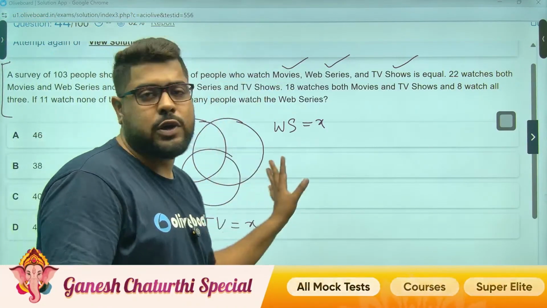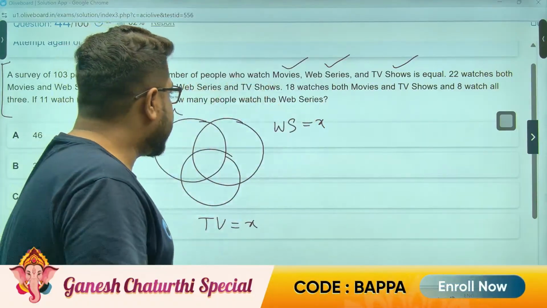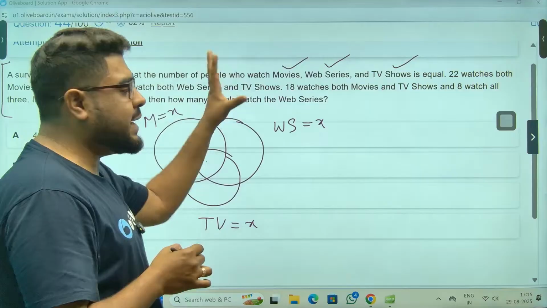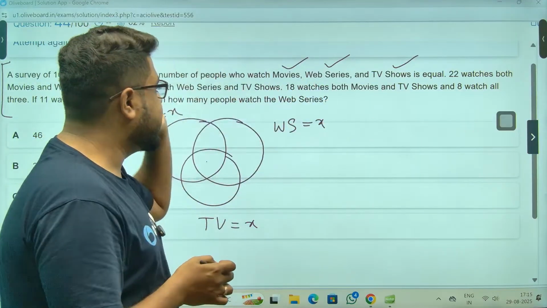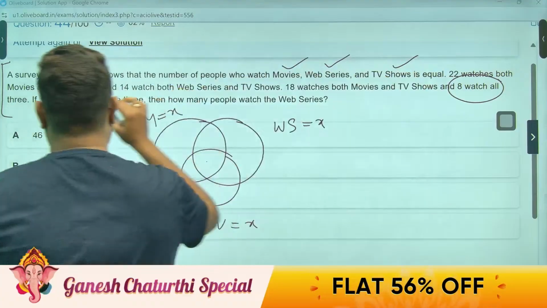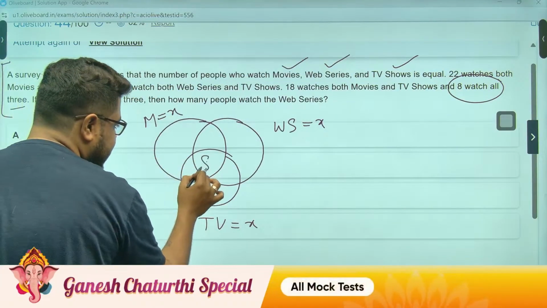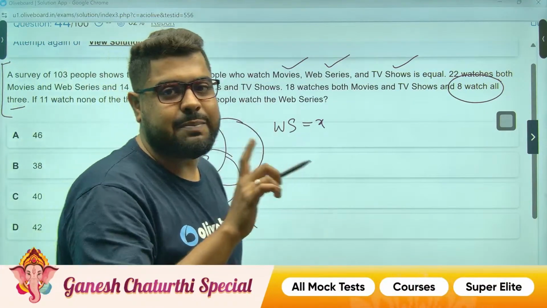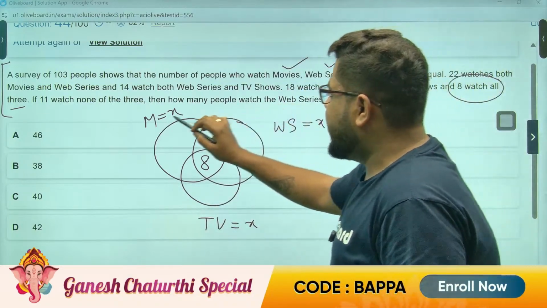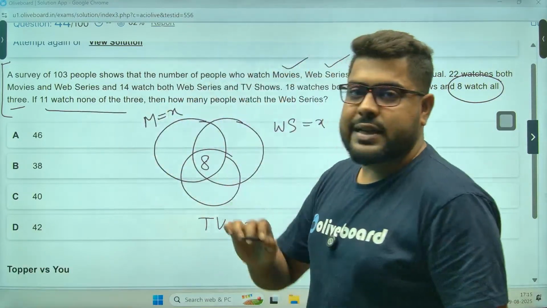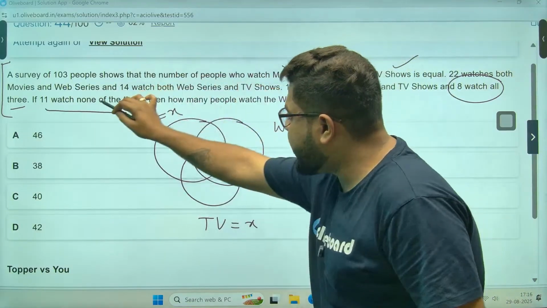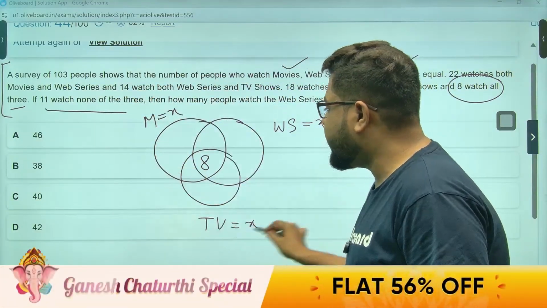I told you in this situation, first from reading this, figure out the number of people who watch all three. 8 watch all three, sir. Always figure that out first. That will be the best thing to do. Now, 11 watch none of these three, which means those 11 people will not be part of our Venn diagram.